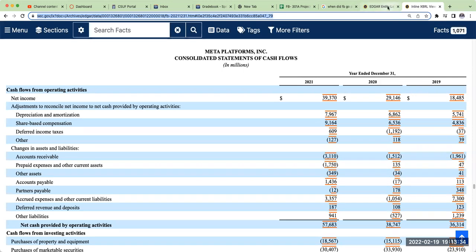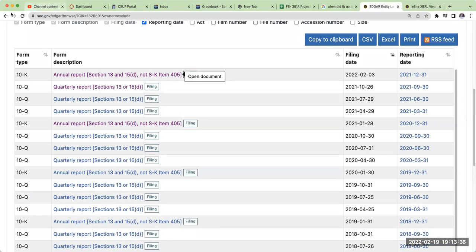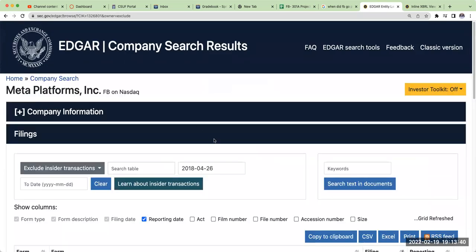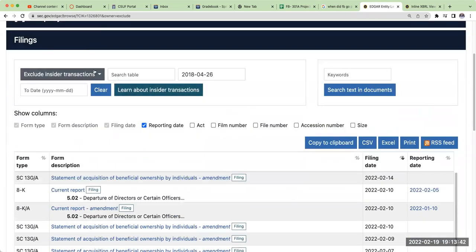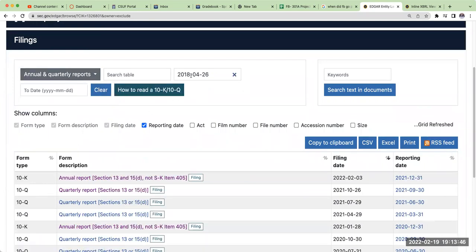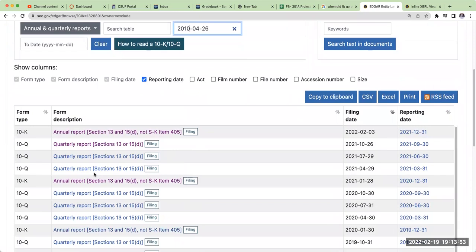Now, when I come back over here to Facebook, we just want to look at the annual and quarterly reports, since 2010. I just looked at the 10K filed in 2022.